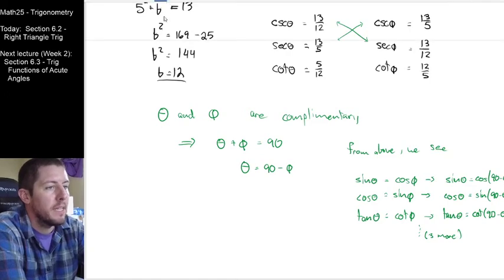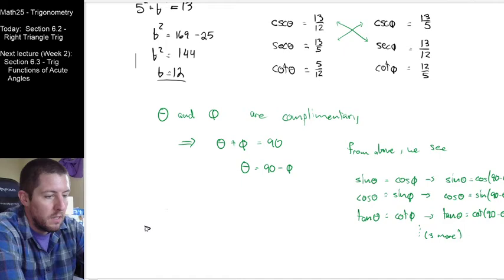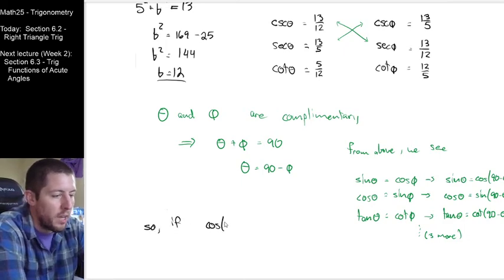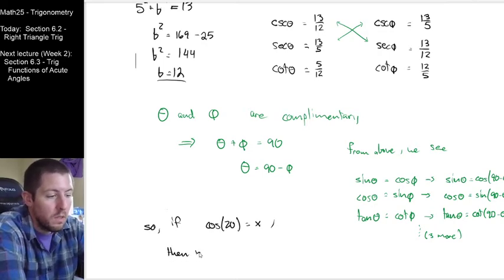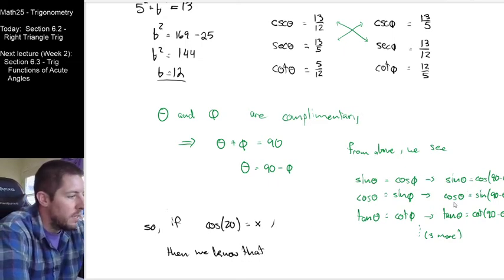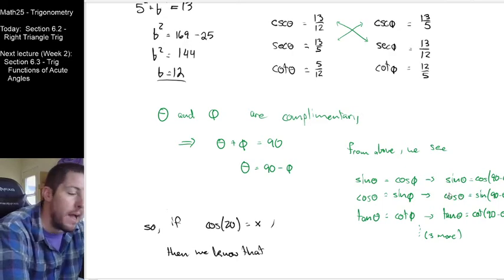But this is really good, because if I were to tell you that cosine of 20 equals, say, x, then cosine of 20 should be the same thing as sine of 90 minus 20.